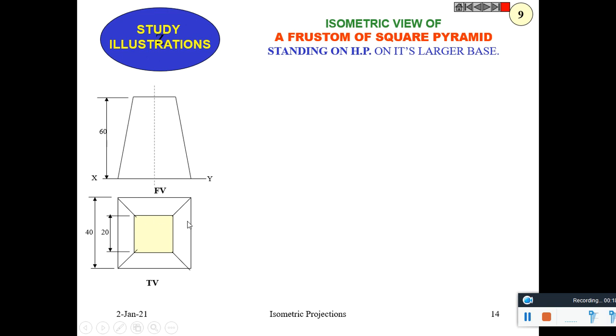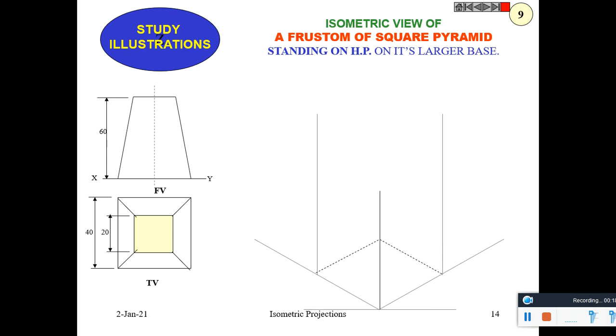So first of all, draw the top view of the base. And the full box is constructed. At the top, its center is marked. Now the smaller square, that is 20 millimeter size, is constructed here.